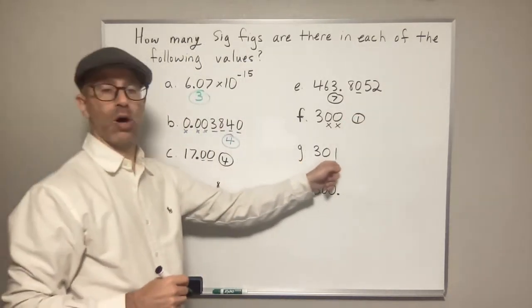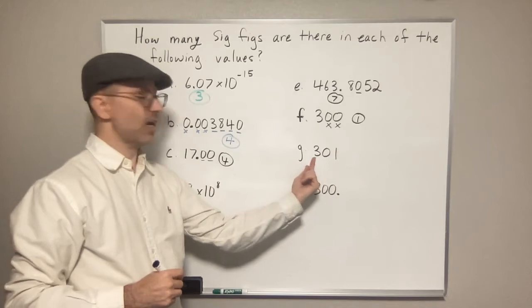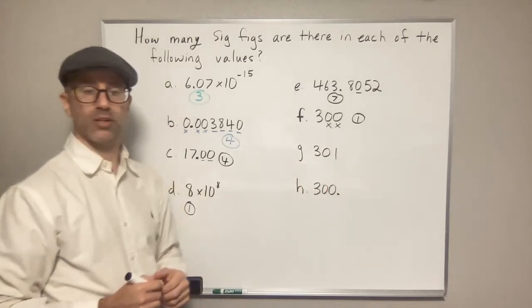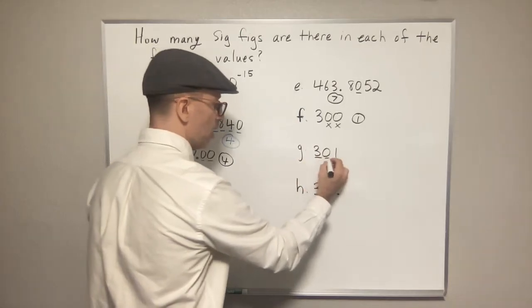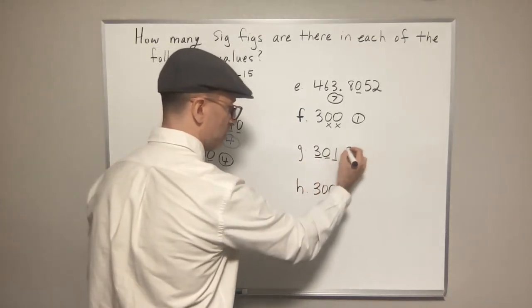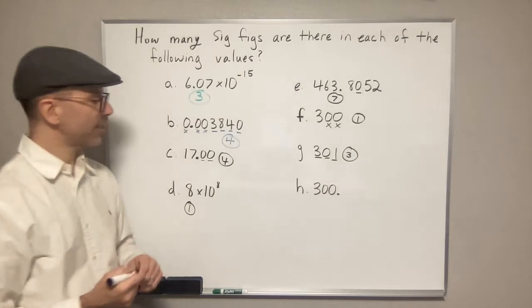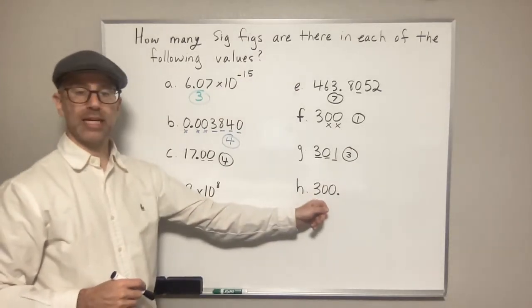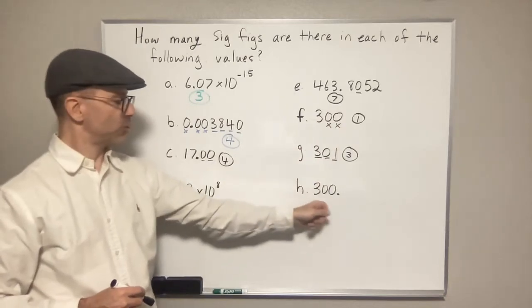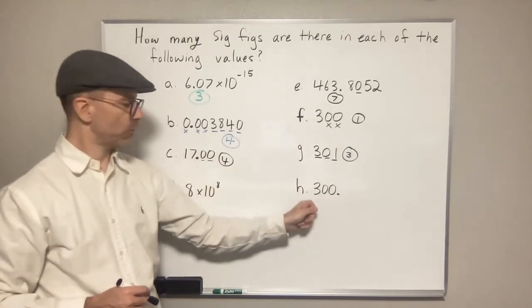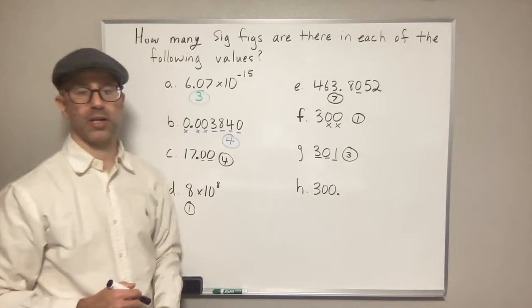Here we have 301. The 0 is stuck between the 3 and the 1. So that 0 is significant. So this is 3 sig figs. And finally, notice the difference here and here. F, no decimal point. H, we now have a decimal point. So 300 with a decimal point.